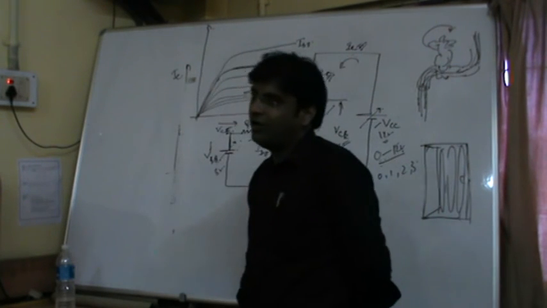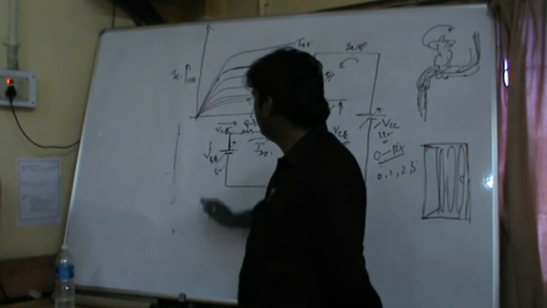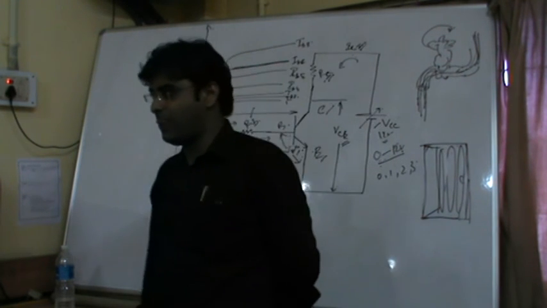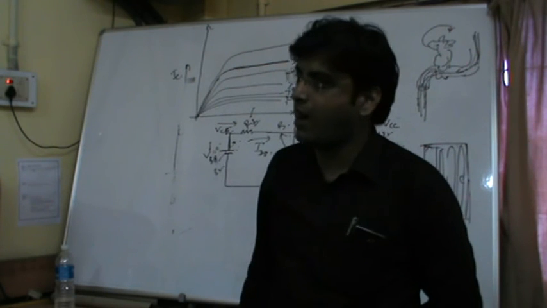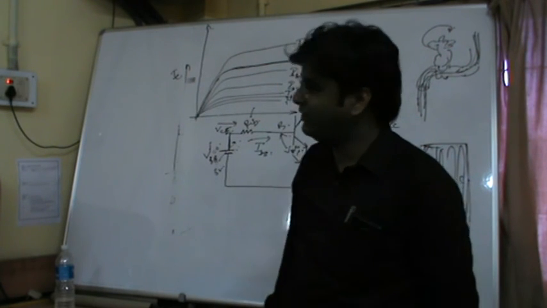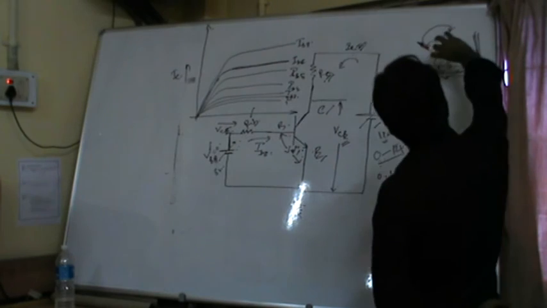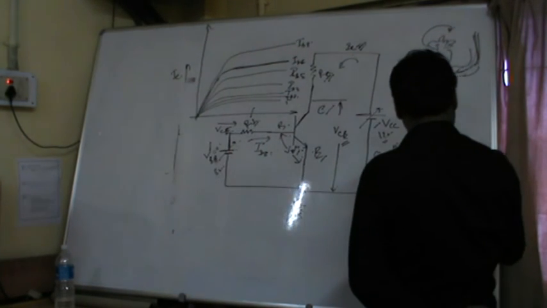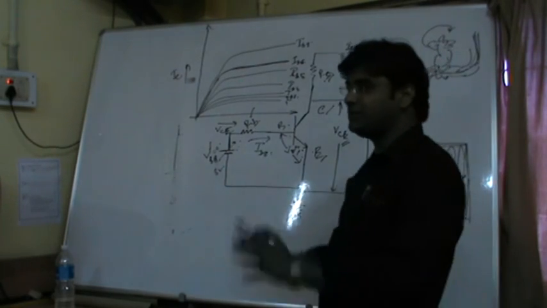Now I am representing VBB equals 0. That means fully off, the door is locked. Lock means just the hatch is closed.